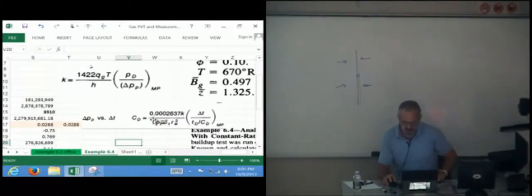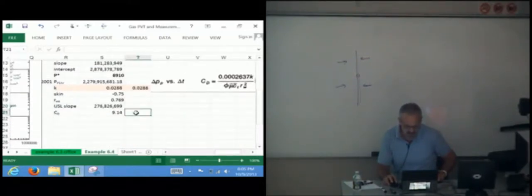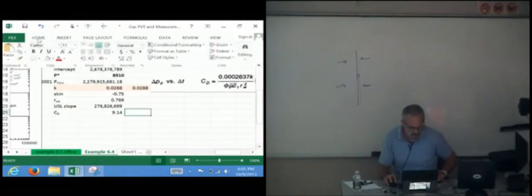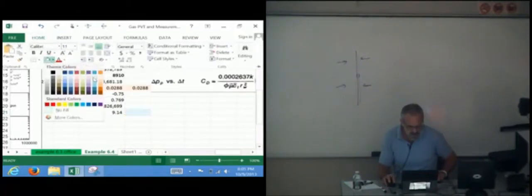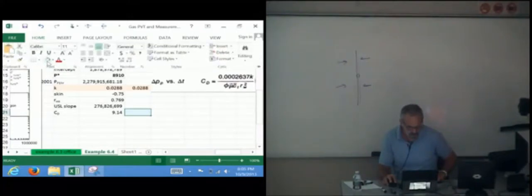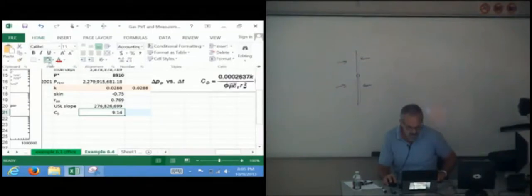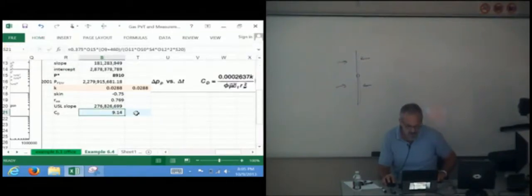But if I was going to calculate wellbore storage from my type curve at this point, and compare it to the 9.41 I got, I would use this equation.